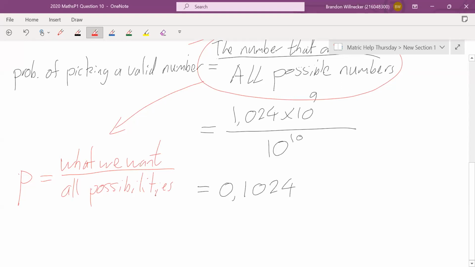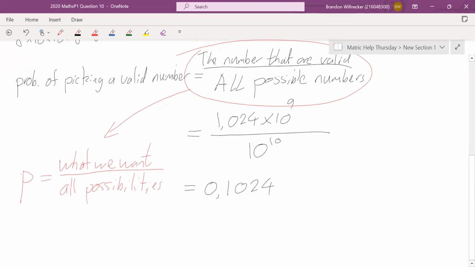And that will give you the probability of what we want. In this case, what we wanted was the number of valid numbers. So we put that at the top, and at the bottom, we put all the possible numbers because those were all the possibilities. So when in doubt, please just remember this little formula on the side here.